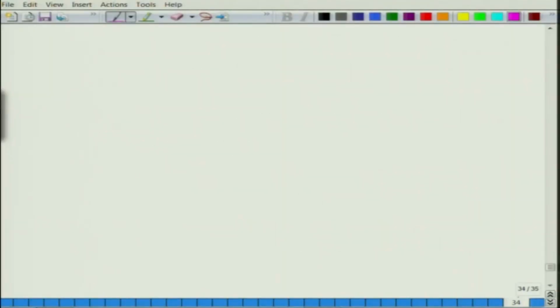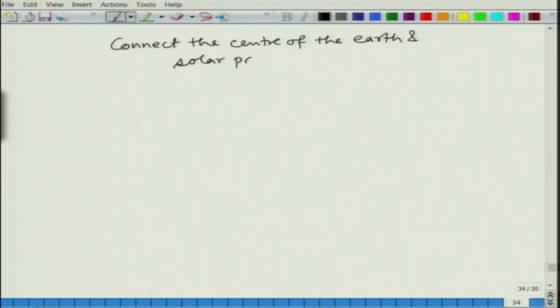So now we are going to connect the center of the earth and the solar position, or rather the sun rays, with respect to the center of the earth.